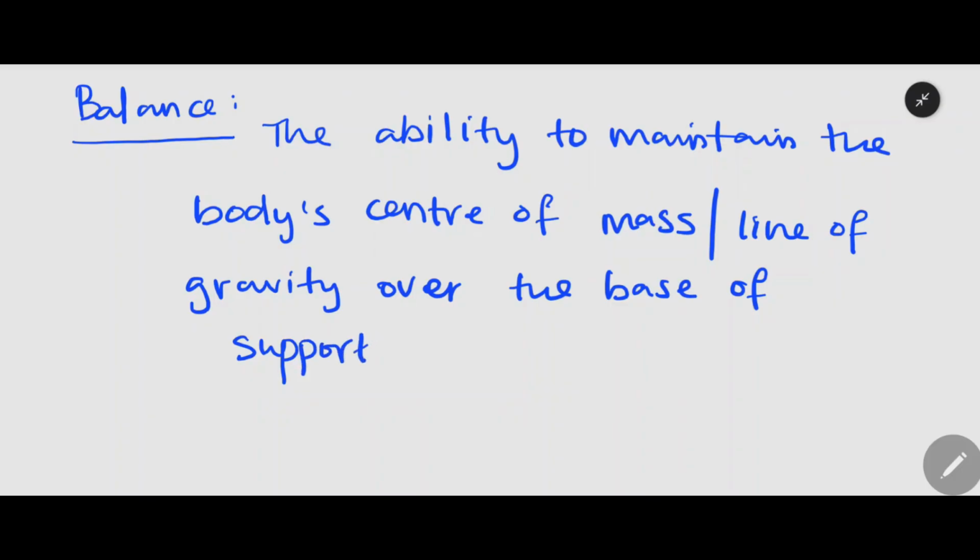And this can be when standing, so when you're static, stationary, or when you're moving. So when you're standing, it would be static balance. When you're moving, it would be dynamic balance.